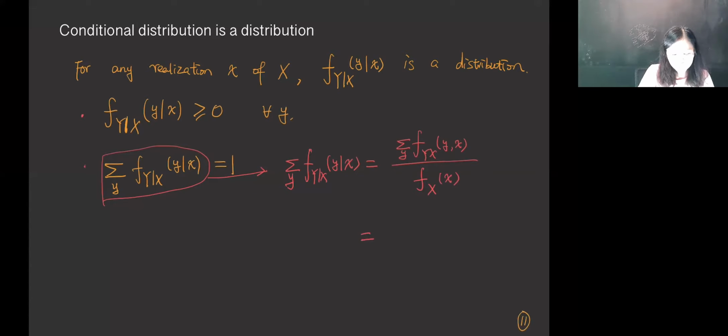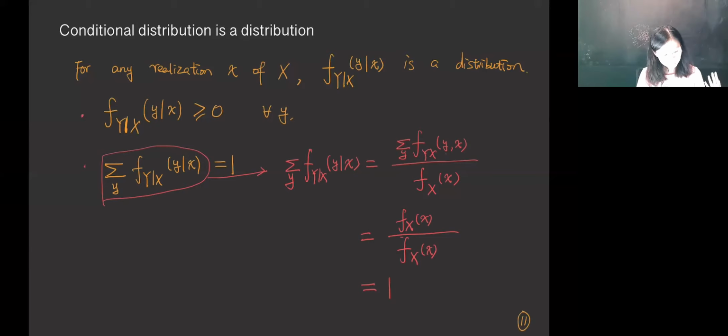But remember how we get the marginal from the joint probability mass function. We get the marginal of x by summing over all the y's for the joint probability mass function. So the numerator is also the marginal of x that is equal to the denominator, therefore that is 1. The conditional distribution is also a distribution.